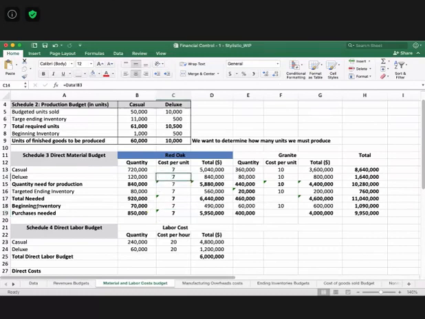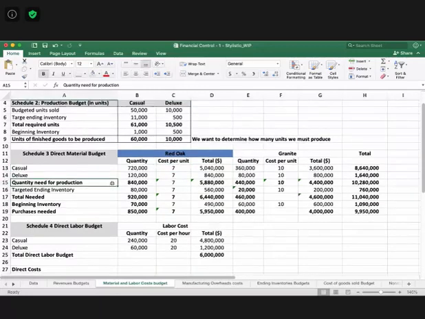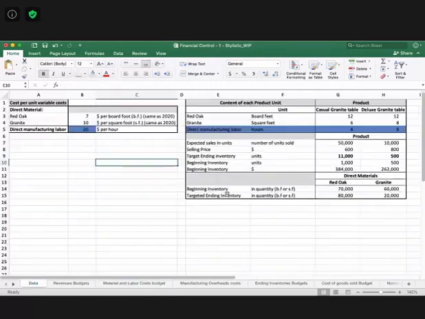Yes, because if we have a different price for the beginning inventory of Red Oak, we have 70,000. So where do we have it?